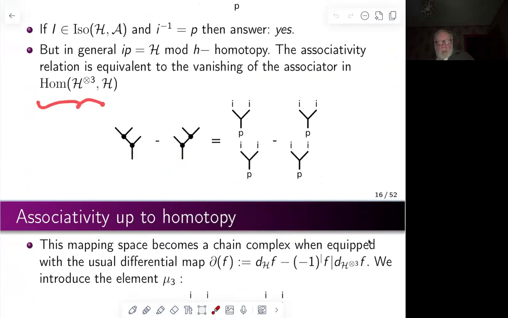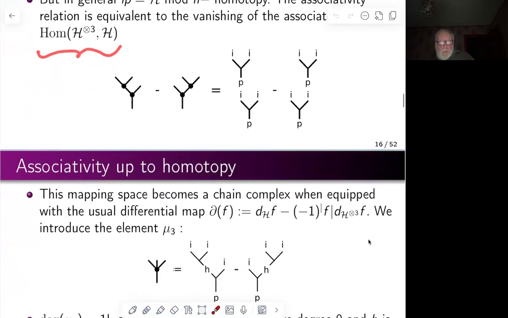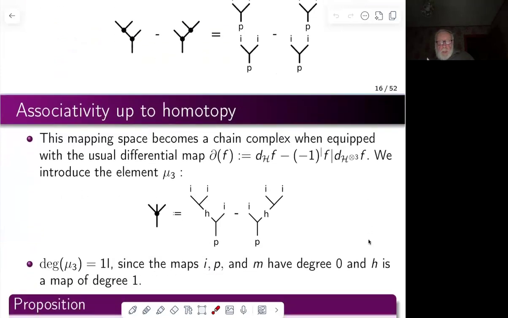So we want to define this also as a kind of chain complex.